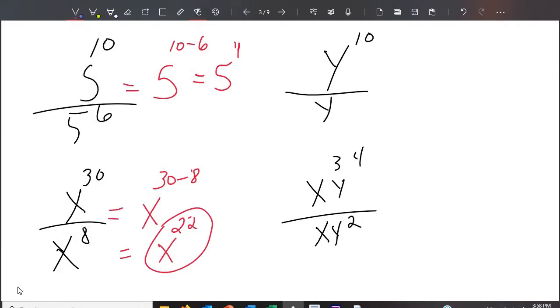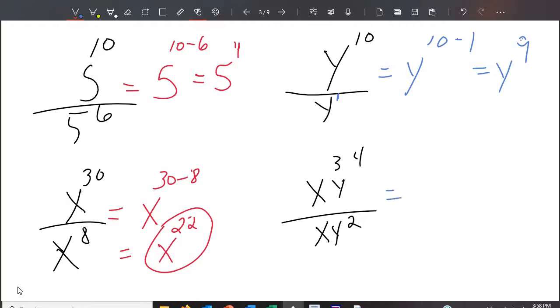Now on the next one, you can see the bottom doesn't have an exponent. I mentioned this before, but if you have anything that doesn't have an exponent, it really has a 1. Stick the 1 there. So now my base is y, 10 minus 1, y to the 9th.